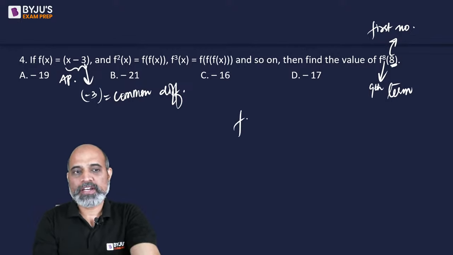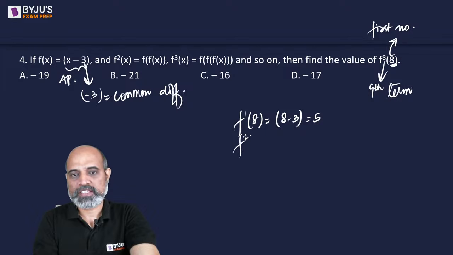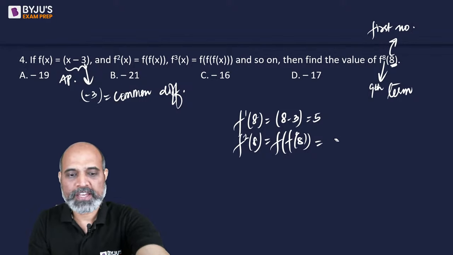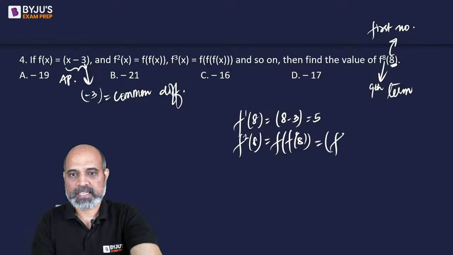So if I want to find out what is f1 of 8, this is going to be 8 minus 3, which is 5. If I want to find out what is f2 of 8, which is going to be f of f of 8, which will become f of 8 minus 3.